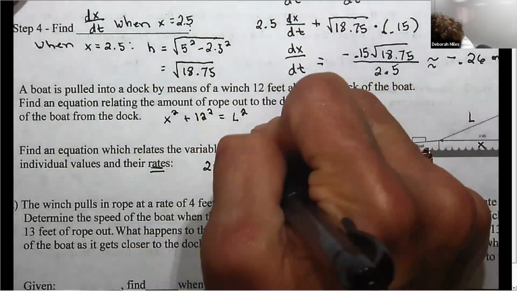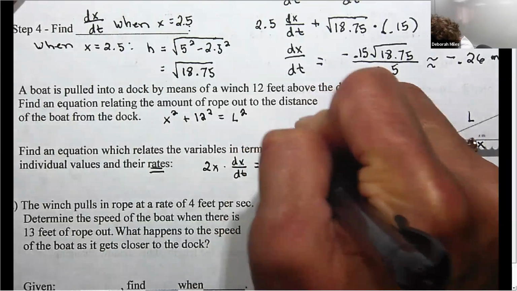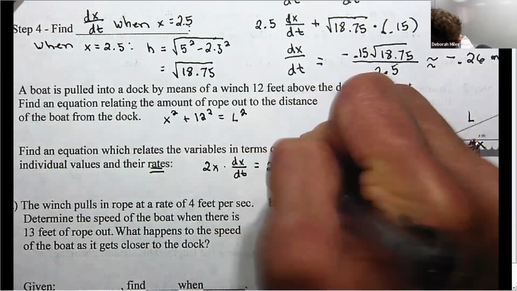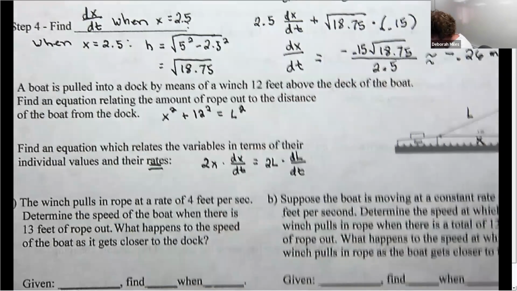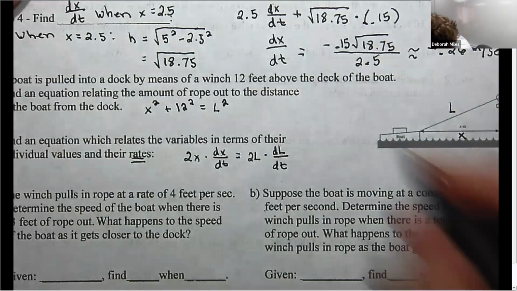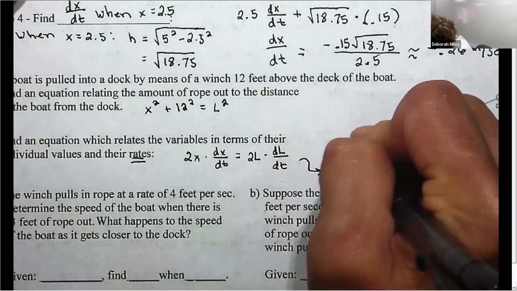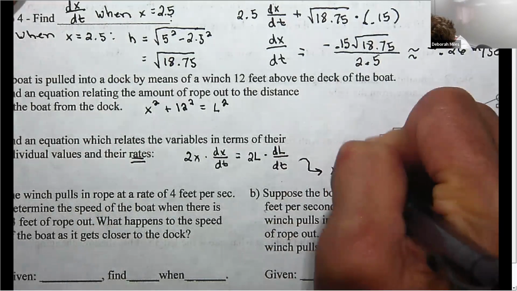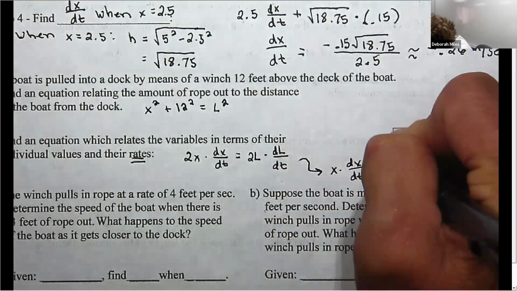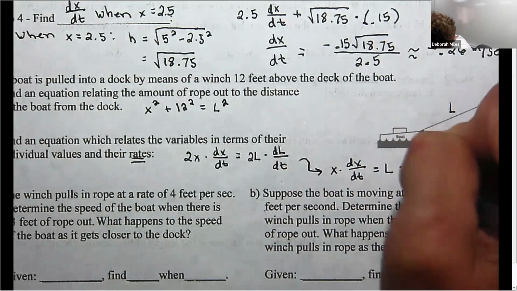Derivative of the right-hand side is 2L times dL over dt. And again, if I just wanted to have an equation with smaller numbers in it, I could divide both sides by 2 and have x times dx over dt equals L times dL over dt.